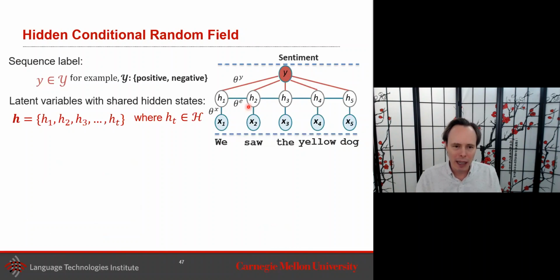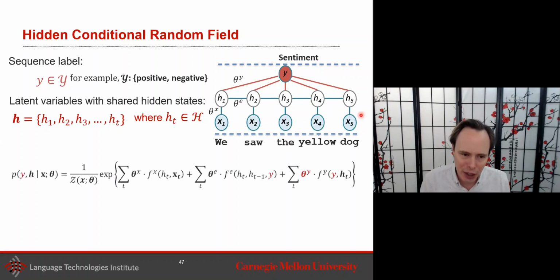And another one, and that's one of the last in the family of conditional random fields before we get into the multimodal, is the idea of having only one label. What if I have only one label? I have all these words and I want to know the sentiment over the whole sentence.